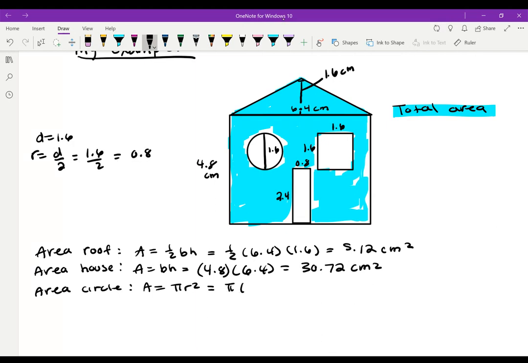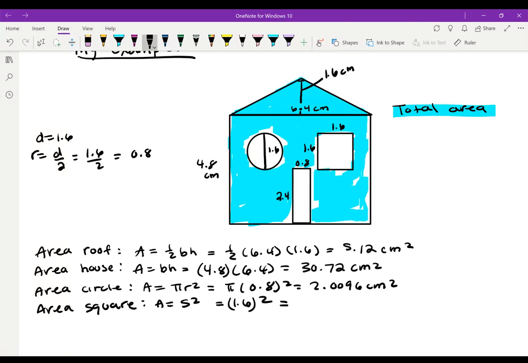So pi times 0.8 squared, I get about 2.0096 centimeters squared. Okay, the area of the square window is going to be side squared, so 1.6 squared is 2.56 centimeters squared. And what else am I missing?